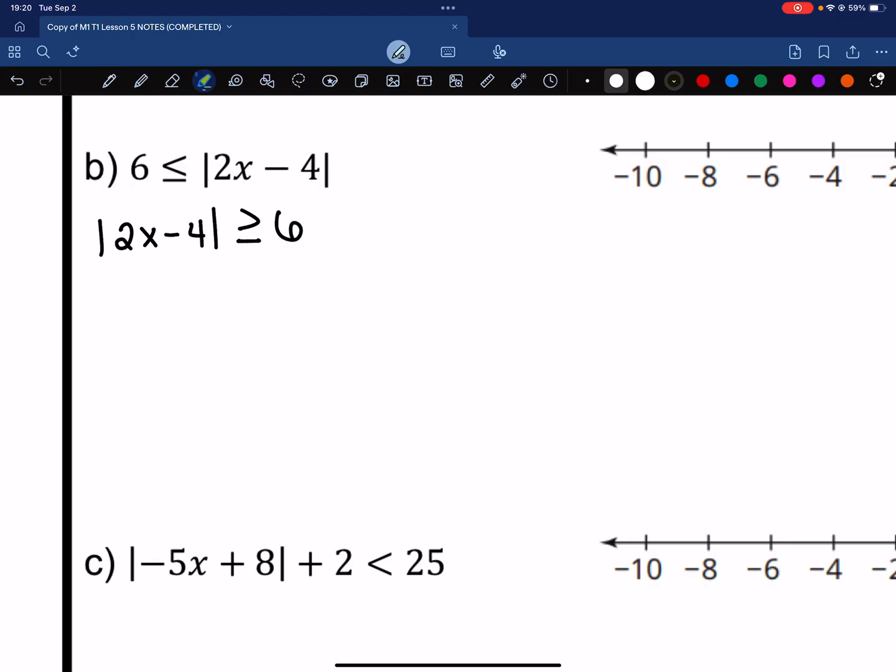Okay? So now, looking at this, we have a greater symbol. So this is greater. When it's greater, we're going to have two different inequality signs. Okay? When we have two different inequality signs, we're going to take the inside piece.